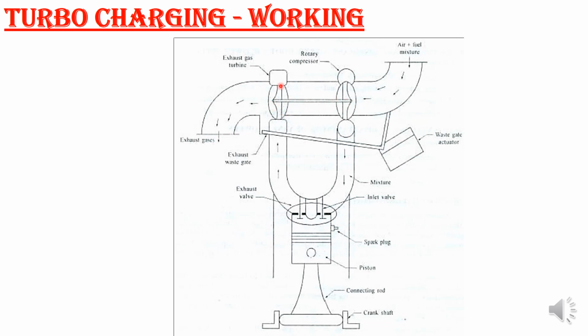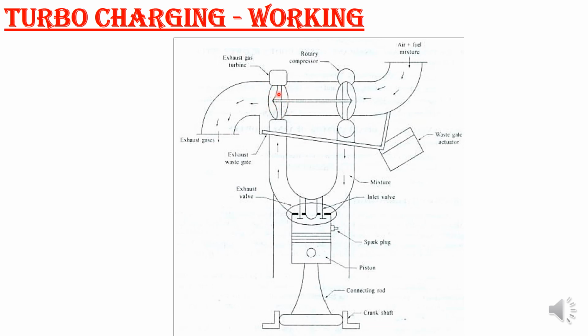The exhaust at high pressure will have energy. That energy of the exhaust gas is converted into turbine work. The high pressure energy hits the turbine blades and is converted into rotational motion.